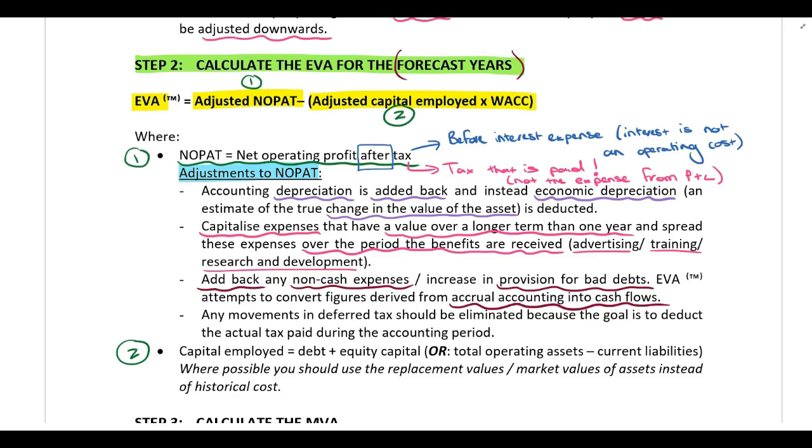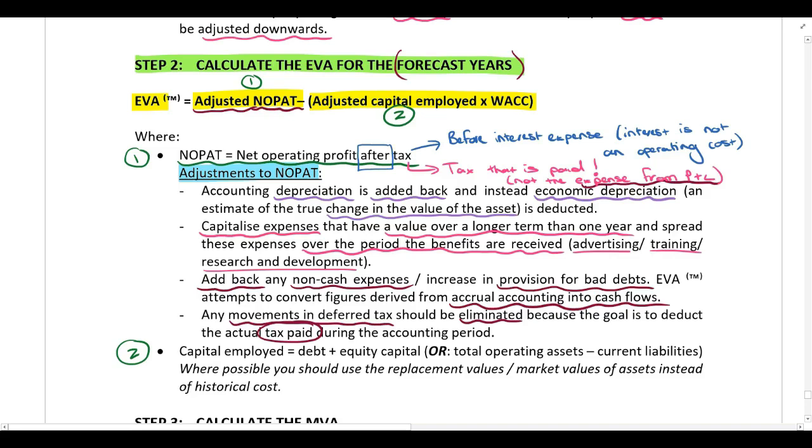So linked to that, if we have any movements in deferred tax, that must also be eliminated because that is also not a cash flow. We are trying to calculate the tax that is actually paid during the period and not the tax expense from our statement of profit and loss and other comprehensive income. So that deals with the calculation of the adjusted net operating profit after tax.